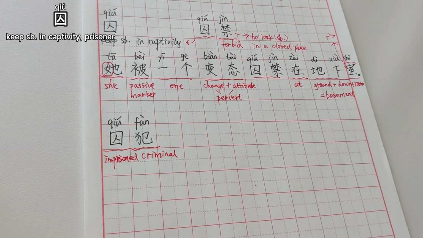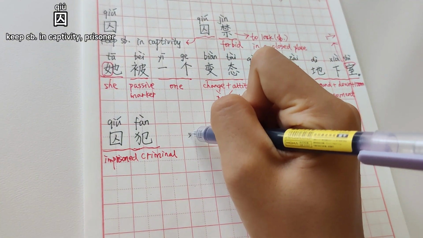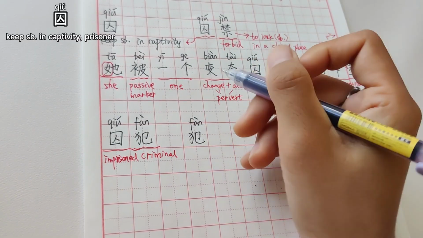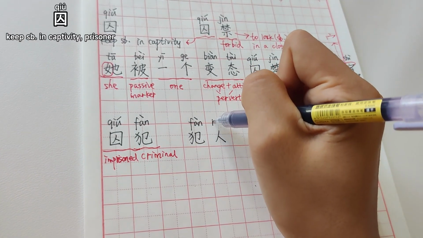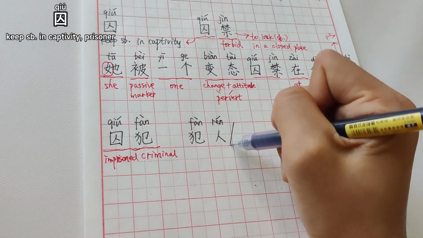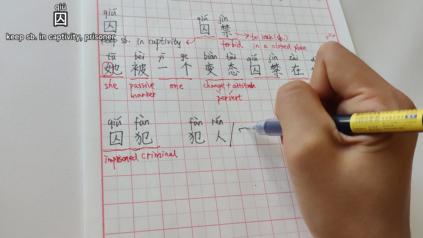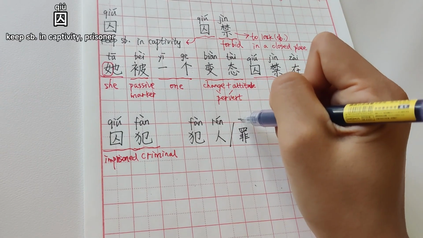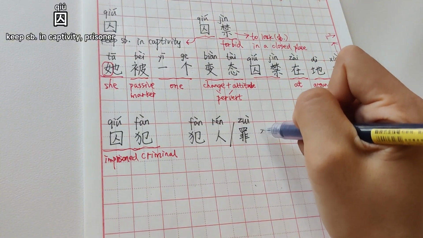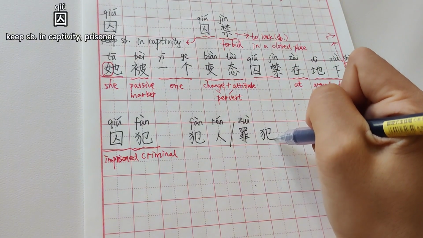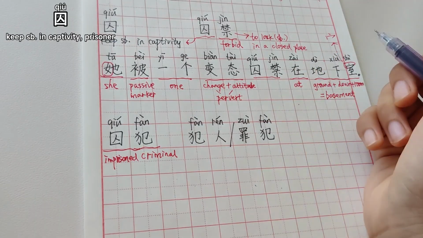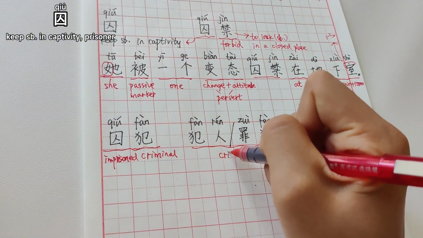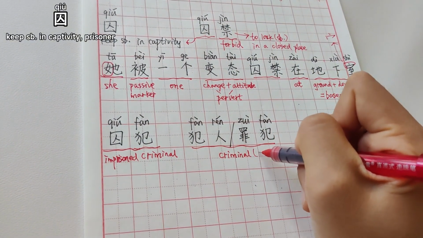That would be easy. That would be just 犯人, or you can say 罪犯, and they could be just criminal in general.